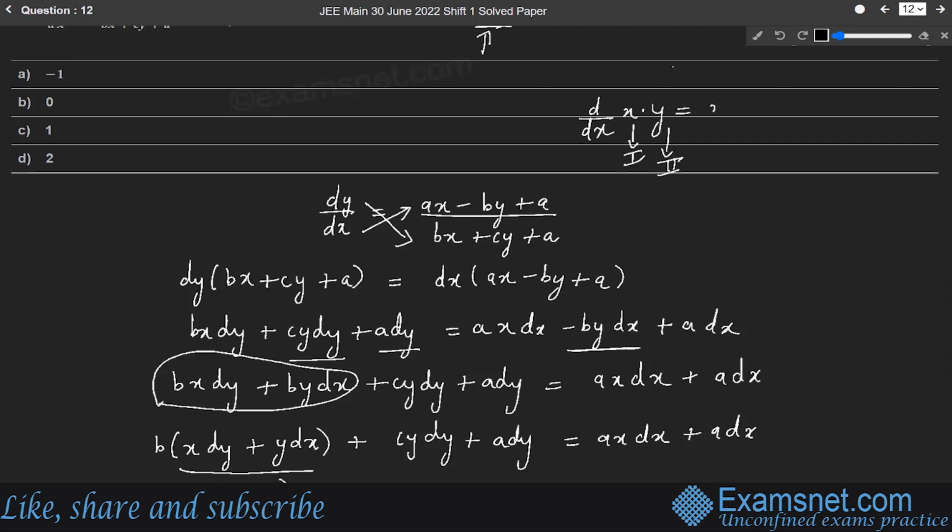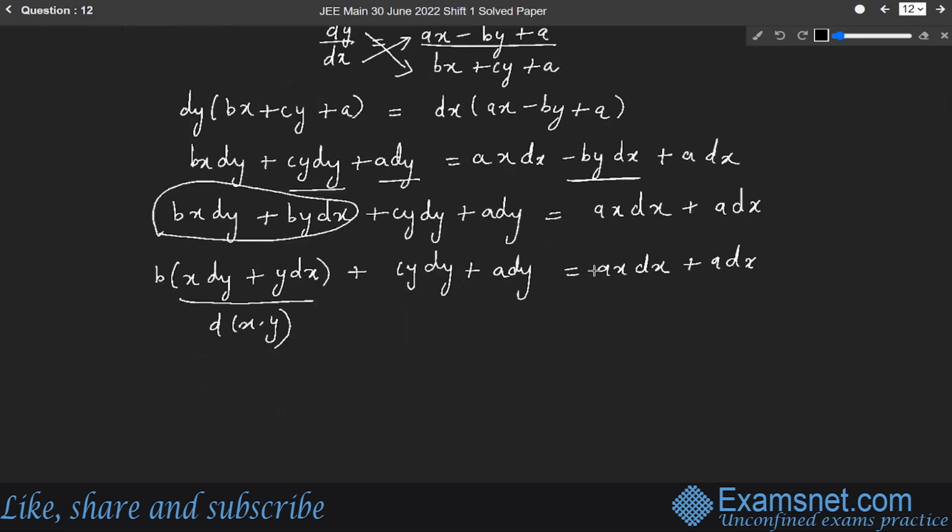So what is first here? x into d by dx of y, plus y into d by dx of x, right? So x dy + y dx is actually the differentiation of x into y, right? So in place of this, we can write d of xy.